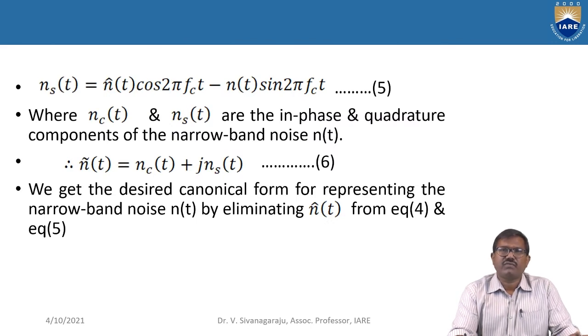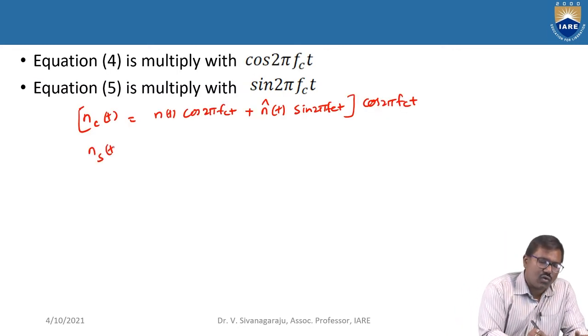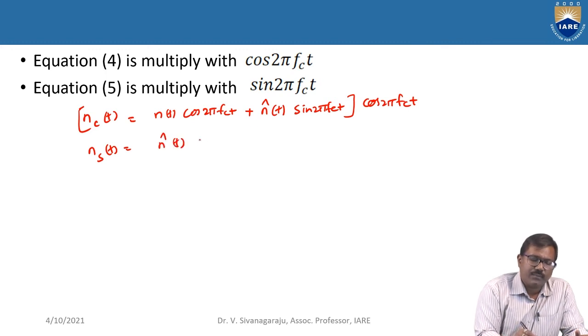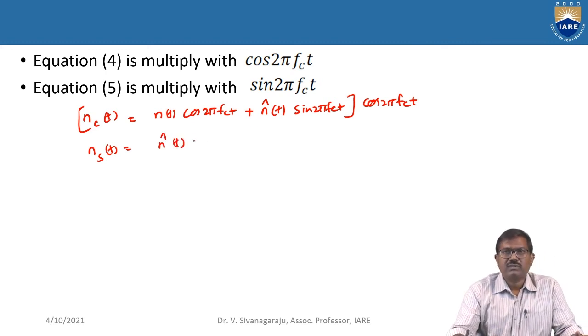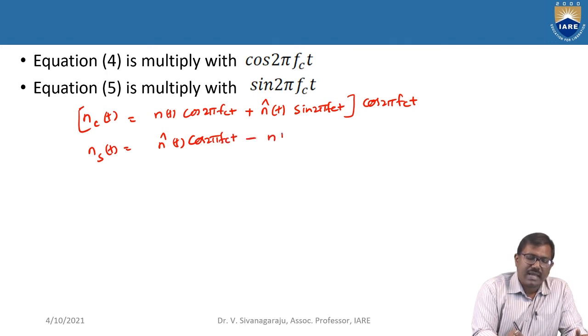What is equation 5? That is ns of t, which is equal to n cap of t cos 2 pi f c t minus n of t sin 2 pi f c t.